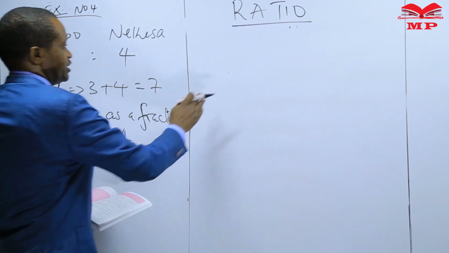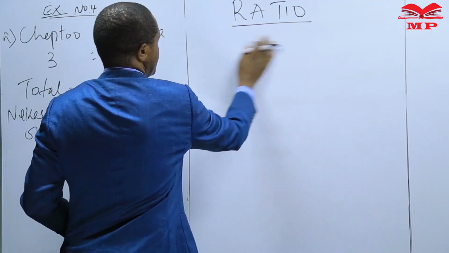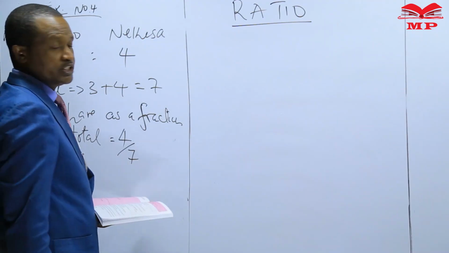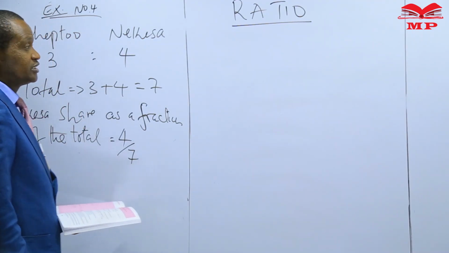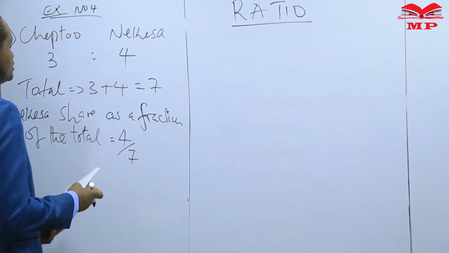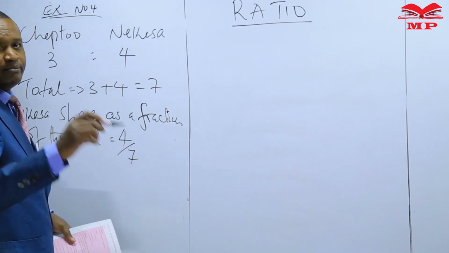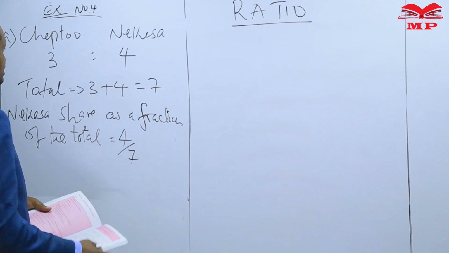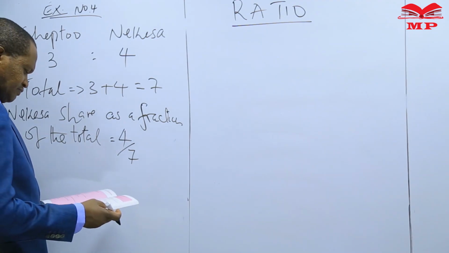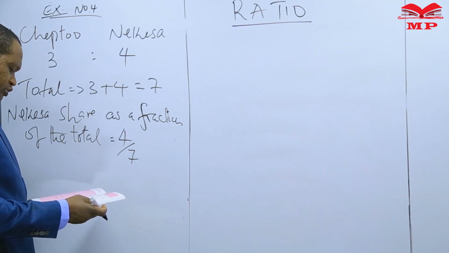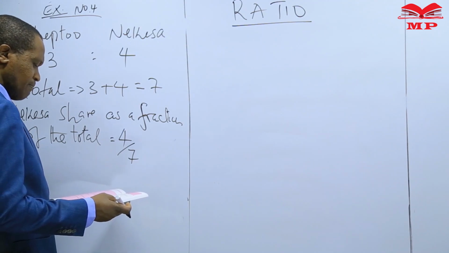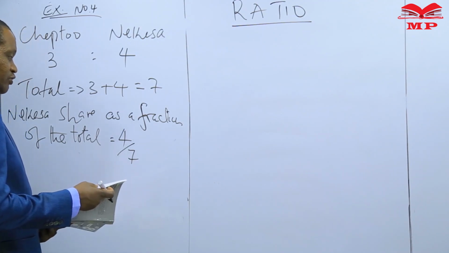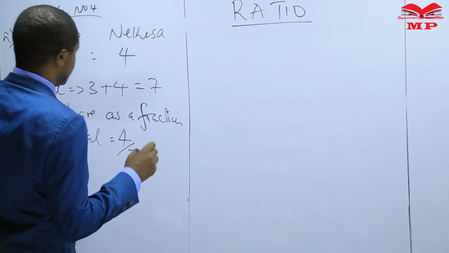So we need to find out how much Cheptoo received if she sold each bag at 1,600 shillings. Before we calculate the amount of money, we need to know how many bags Cheptoo had or sold. So we need to calculate the number of Cheptoo's bags.